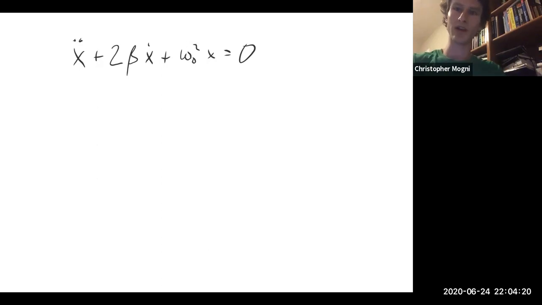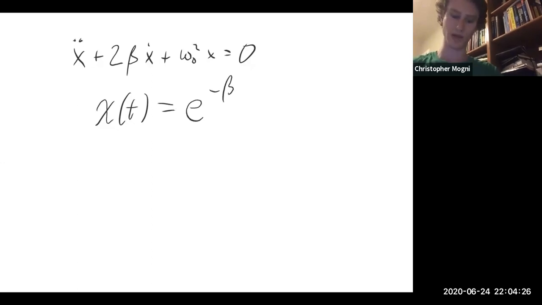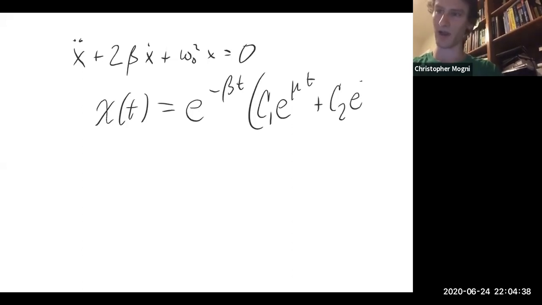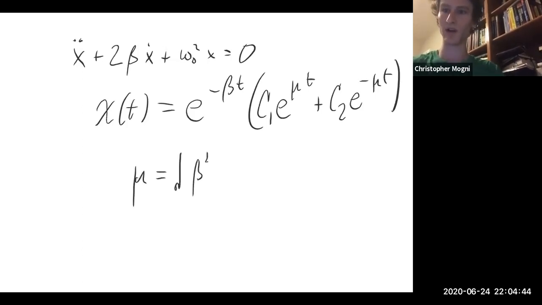So normally what you're going to get is the following: x of t is equal to e to the minus beta t times some constant, we'll call it c1, e to the mu times t plus c2 e to the minus mu times t. Here, mu is just shorthand for the square root of beta squared minus omega squared.